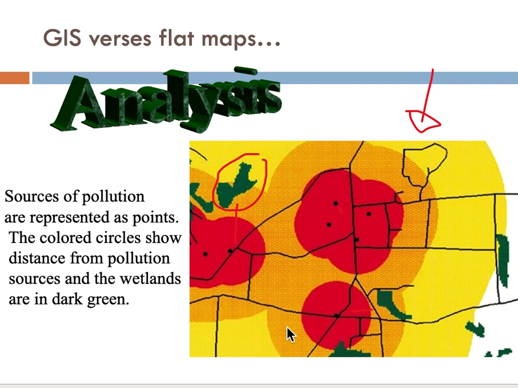And this is associated with environmental protection management, so these wetlands won't be affected by these sources of pollution. And basically, a flat map cannot overlay multiple layers together just like they do in GIS.